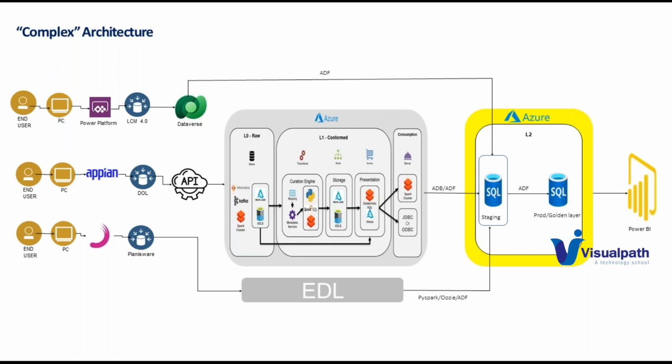All these 3 source data are transferred to the single L2 layer, so that users can see the data in a single dashboard. This is a complex architecture, but it is very in demand. In your company or experience, you may get some more sources as well, but overall this is how the architecture works.